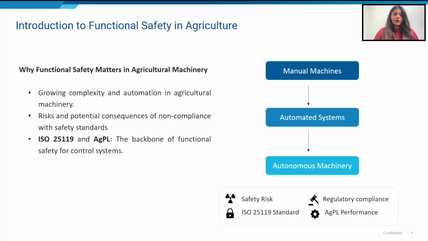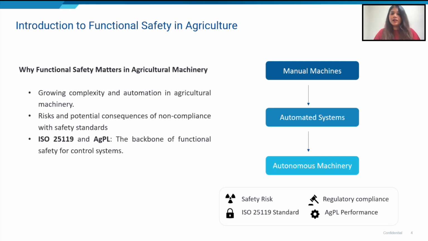So here we will be looking into the importance of functional safety in agriculture. As we all know, agricultural machinery is evolving rapidly, especially with the increase in use of automation and control systems. As machines become more and more advanced, ensuring the safety of operators and the surrounding environment becomes more crucial. That's where ISO 25119 and AGPL standards come into the picture.